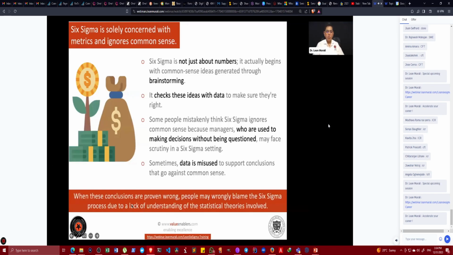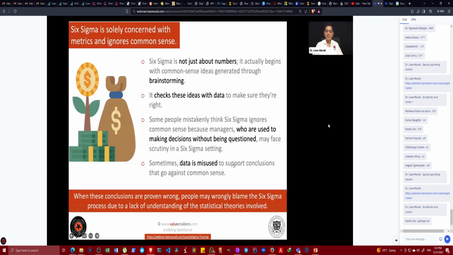When conclusions are wrong because statistical analysis is done badly, or data collection is not right, finally people will blame Six Sigma for it. Even in computers we say garbage in, garbage out.